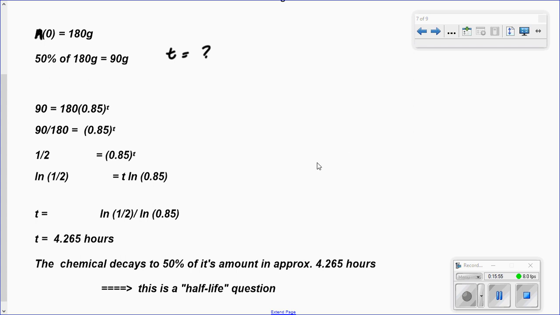So I plug the values back into my equation. 90 is my new amount.